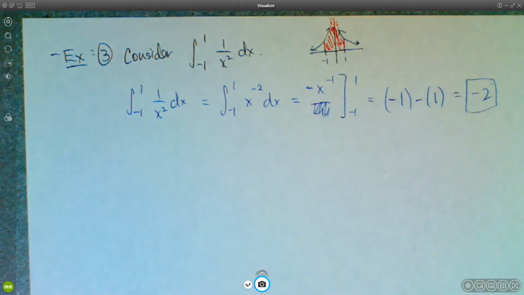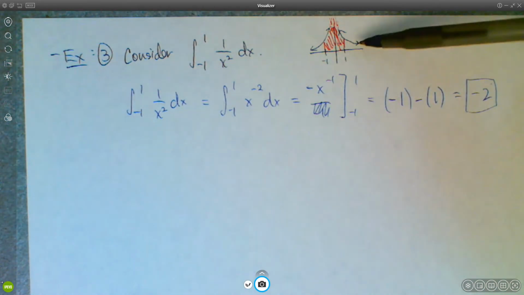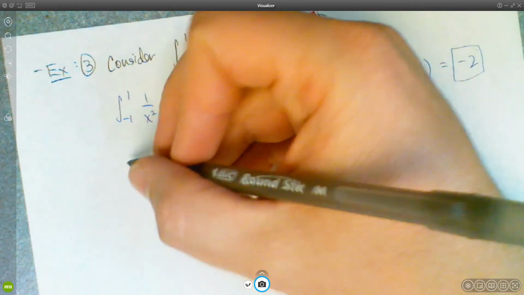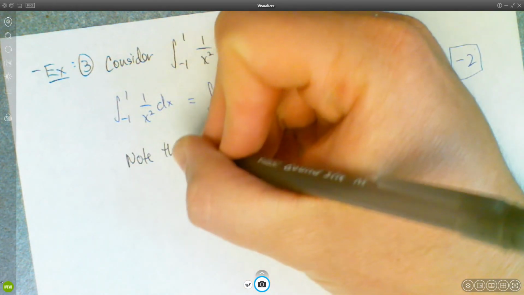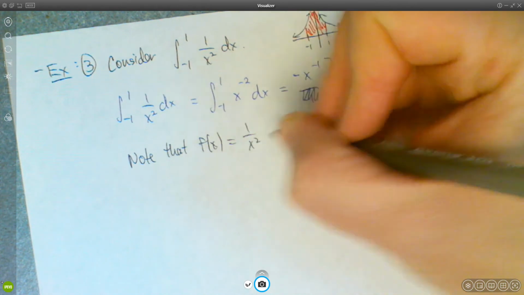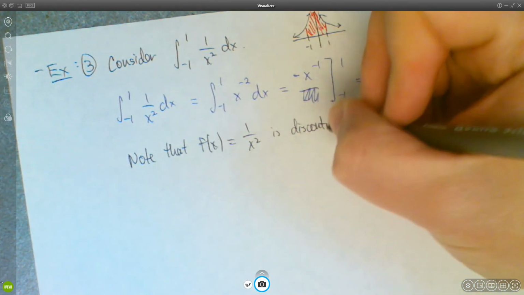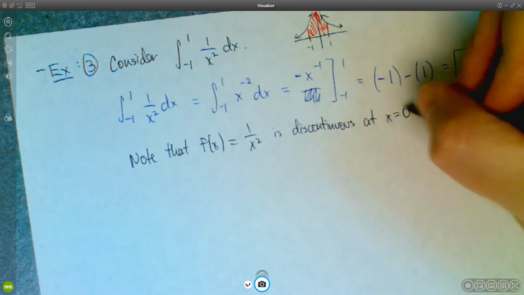So why is this happening? This is happening because we misapplied the fundamental theorem of calculus. This function is not continuous at 0. So note that f of x equals 1 over x squared is discontinuous at x equals 0.